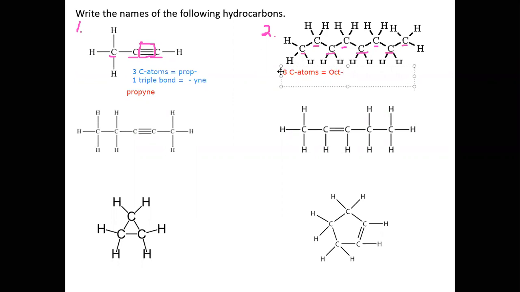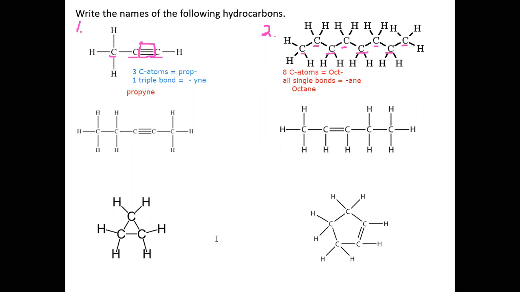And it has all single bonds, so we use the suffix ane. When we put them together, we get octane. So this is the molecule of octane. Oct meaning 8 carbon atoms, ane meaning all single bonds.